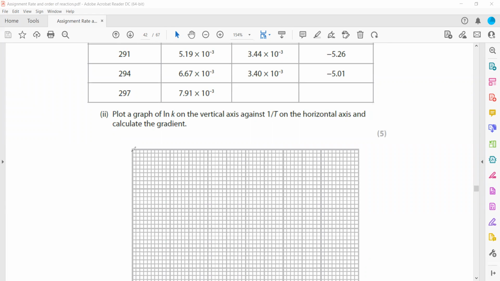If I start with 3.3, then after 10, 20, 30 boxes, for example, 3.4, and then 10, 20, 30, this is 3.5. Reduce the scale so that I can use all the values.